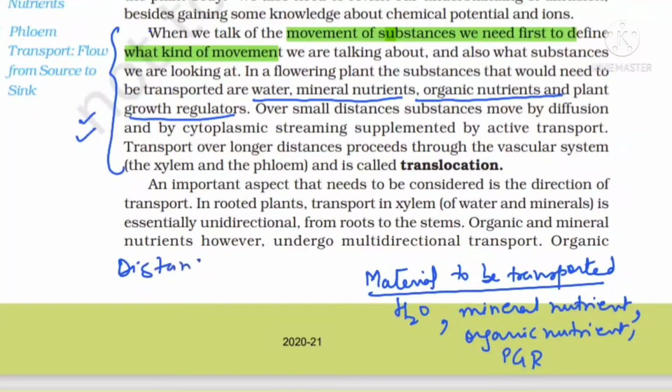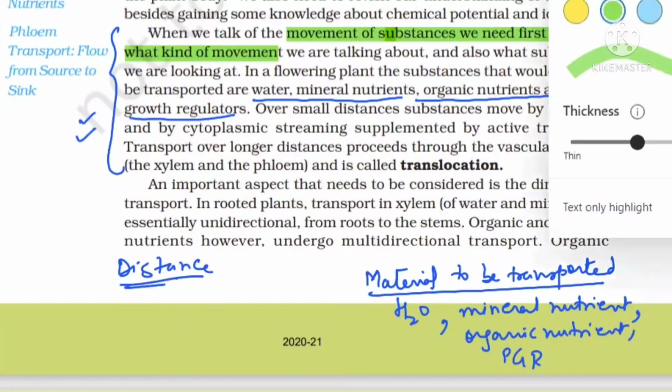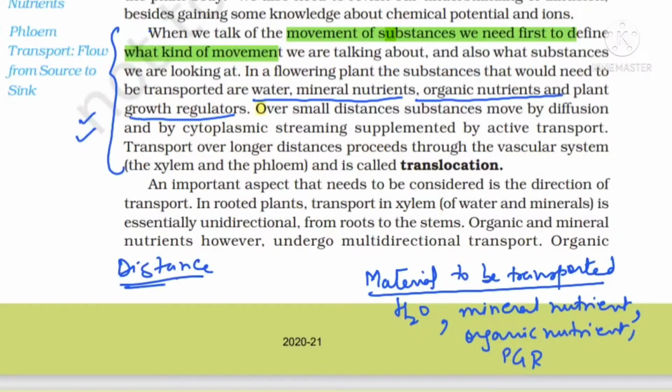So see here, now the distance which they have to travel. Over a small distance, it will be done with the help of diffusion. Small distance is done by diffusion and by cytoplasmic streaming, which is supplemented by active transport.